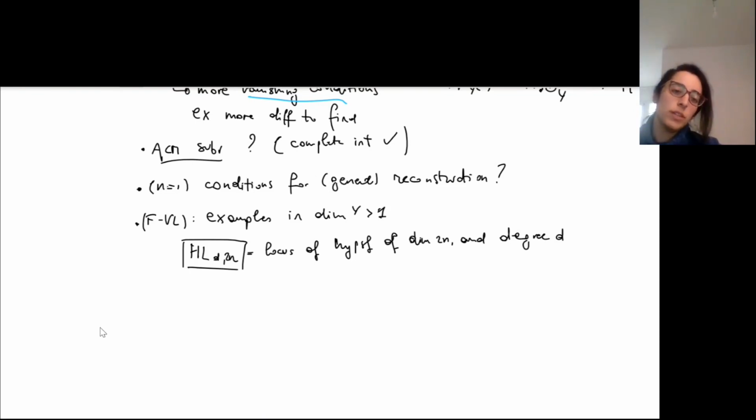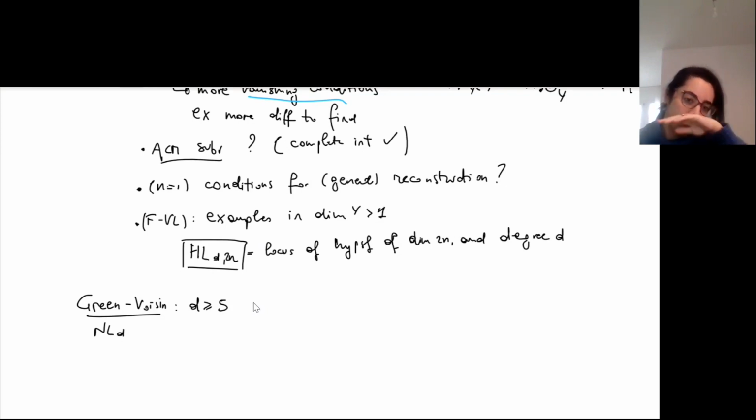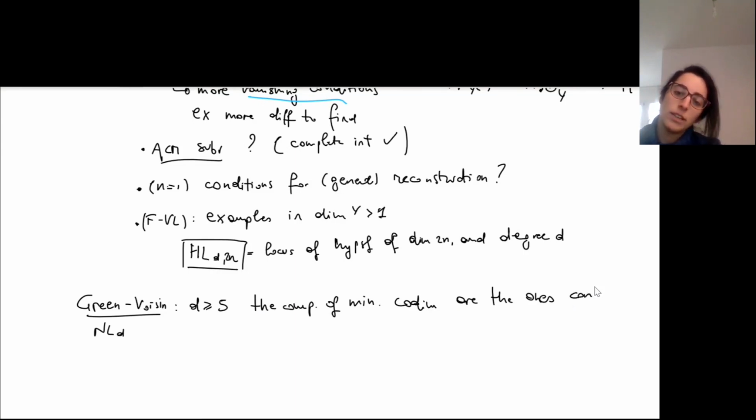And a famous result of Green tells you that for the Noether-Lefschetz locus, so surfaces, if d is greater than or equal to 5, then the locus has many components. The components of minimal codimension are the ones in which the surface is containing lines.